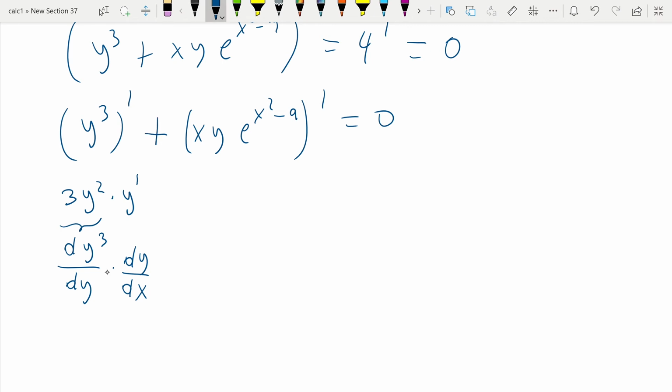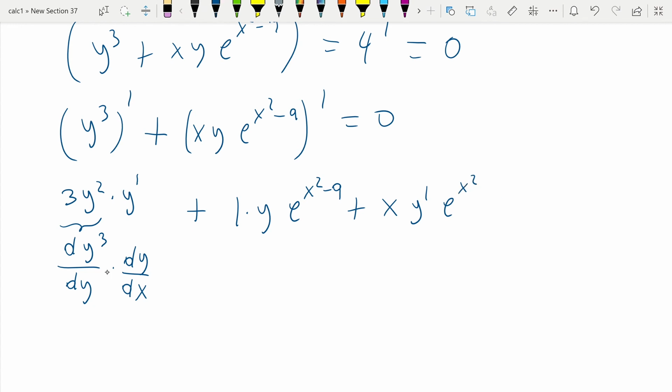And for the other terms, you also don't forget that we're differentiating with respect to x, not y. So we apply the product rule, and the first term just becomes 1, right? Because the derivative of x with respect to x is 1. So 1 times y e to the x squared minus 9, and now the derivative of y with respect to x, so x y prime e to the x squared minus 9.